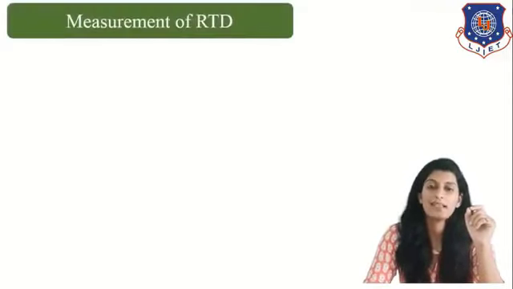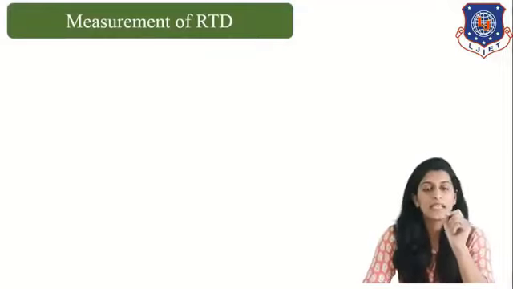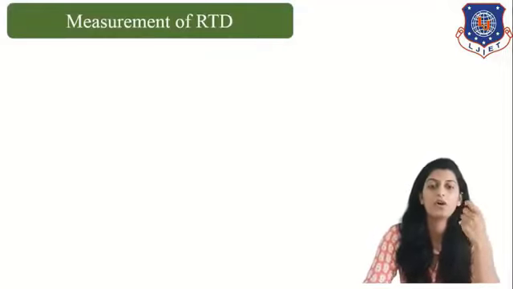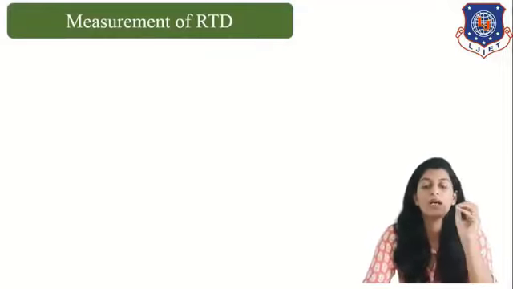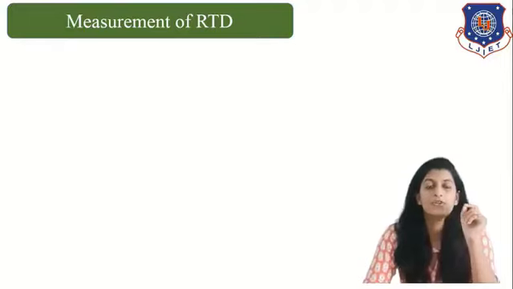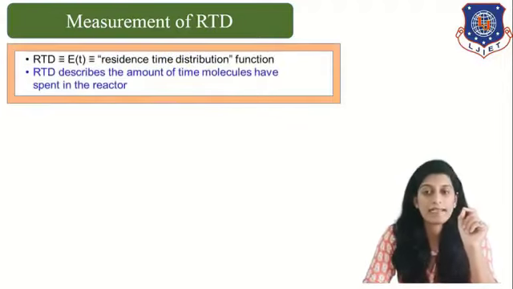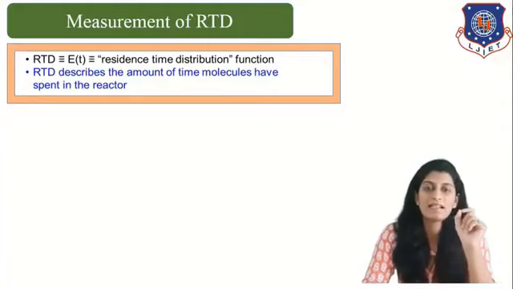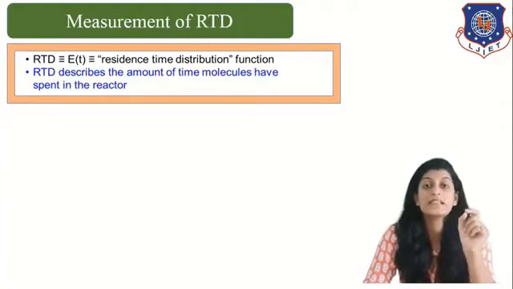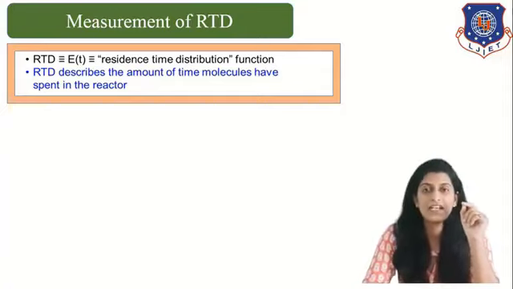Now coming to the next topic, which is measurement of RTD. We have seen the parameters or requirements for RTD measurement. Now we will see how to measure RTD. So the first step is, what is RTD? RTD is basically residence time distribution. It is denoted as capital E and inside brackets t.